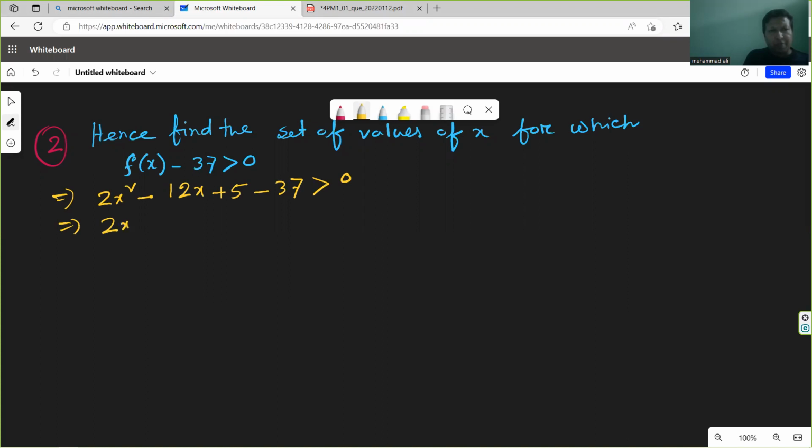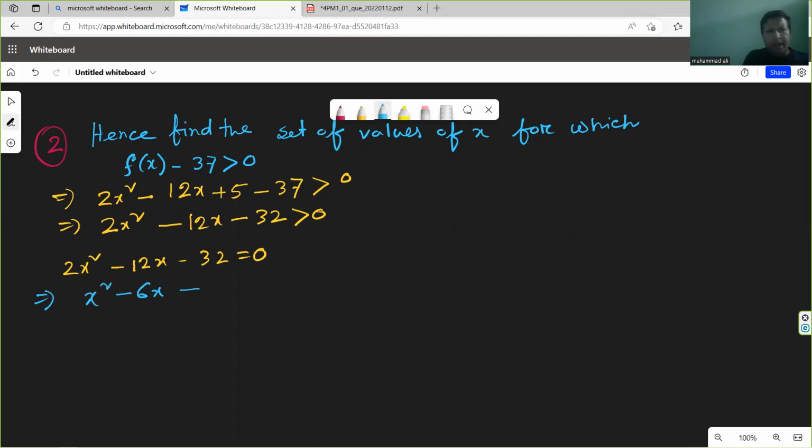We simplify this: 2x squared minus 12x minus 32 greater than 0. Now we try to solve the equation 2x squared minus 12x minus 32 equals 0. At first, we divide both sides by 2, so it will be x squared minus 6x minus 16.